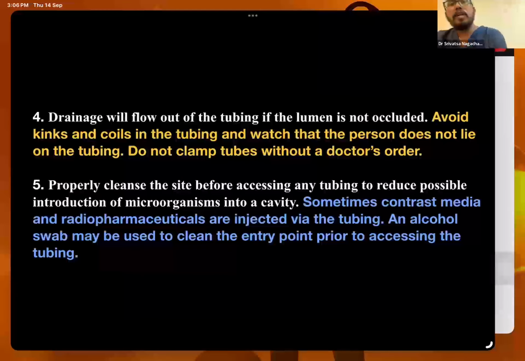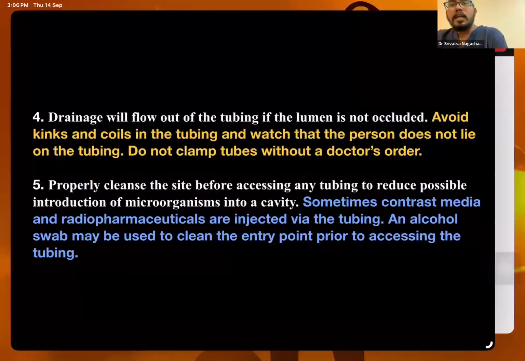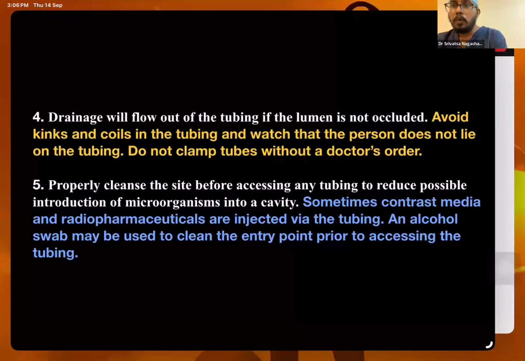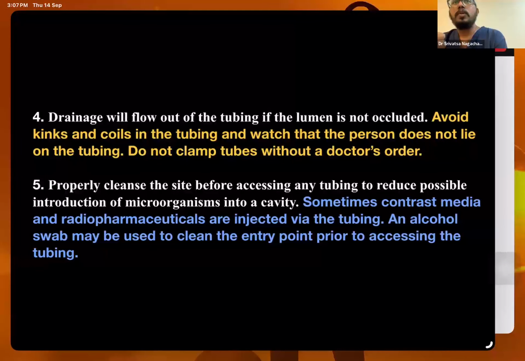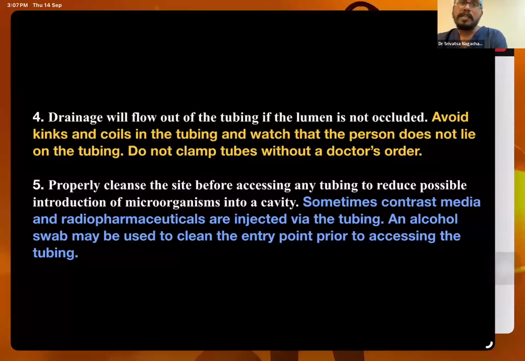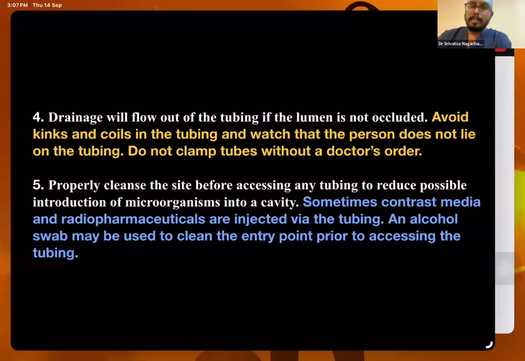The fourth most important point is that drainage will flow out of the tubing only if the lumen is not occluded. That brings us to avoiding kinks or coils in the tubing, and making sure the person does not lie on the tubing. This happens most of the time, especially with intercostal drainage tubes, ICD tubes, which we put to drain blood or fluid from the thoracic cavity.